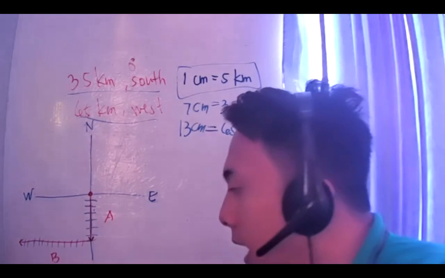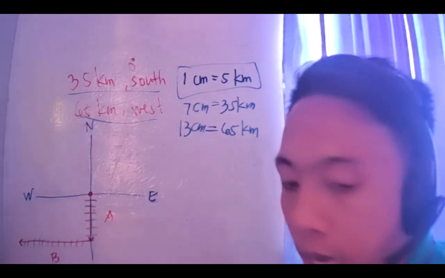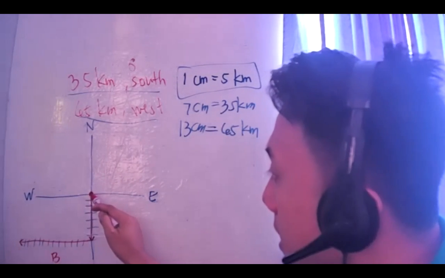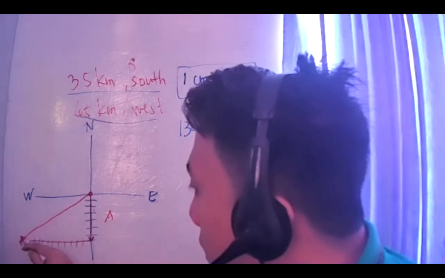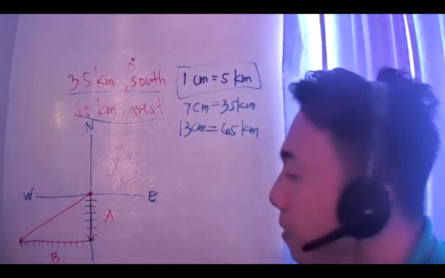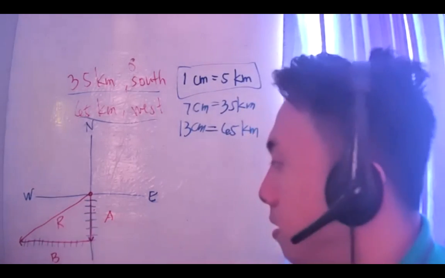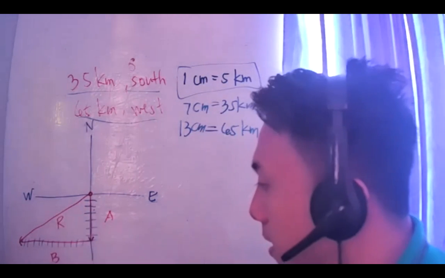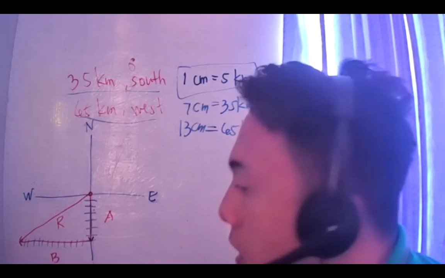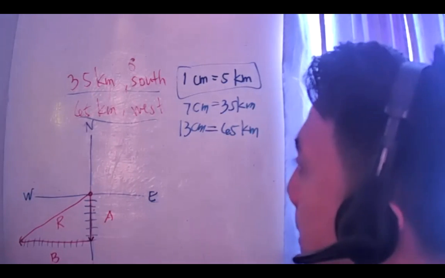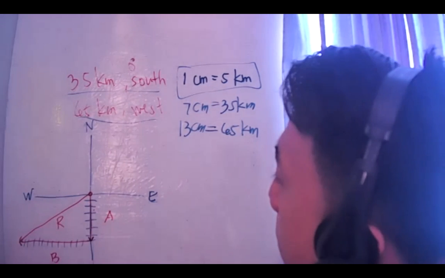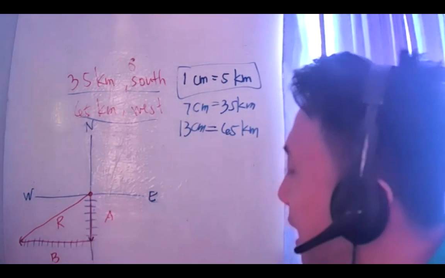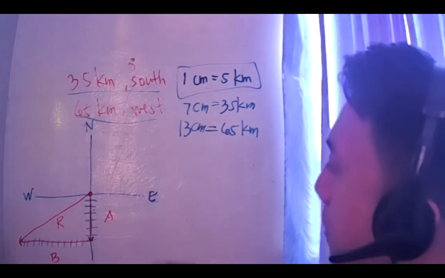Now, we will draw a line, what we call the displacement. So from here, sa tip natin, we will draw an arrow up to there. So this will be our R, or resultant. Now, what will be the measure of this? I don't have any ruler here, so maybe I will just assume any measurement. Sabihin na natin yan is 15, for example.